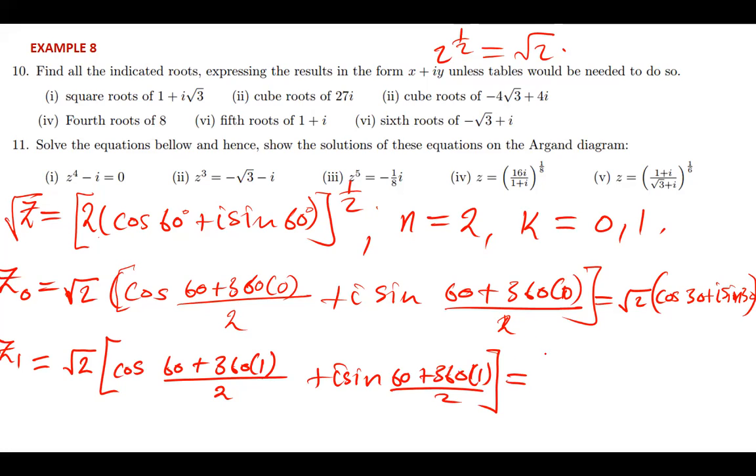When you simplify this, 360 plus 60 gives you 420. 420 divided by 2 gives you 210. So we have the square root of 2, then open brackets, cos 210 plus i sin 210. So this is z1.